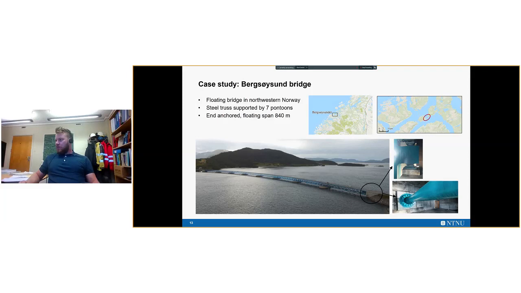So for those who do not know this bridge from before, the Bergsøysundbrua bridge is a floating bridge just outside Kristiansund, and it is quite a unique type of structure. It is a bridge that is end anchored, so it's only supported at the ends, where we see some pictures here from the supports.